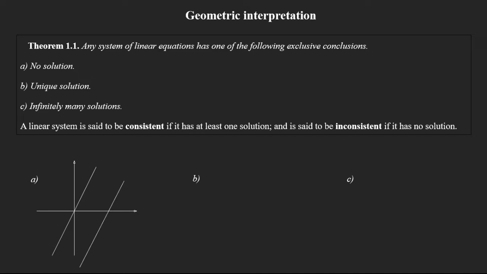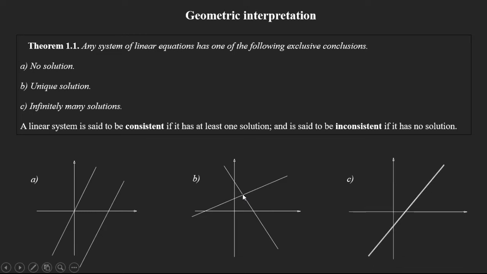If both lines intersect each other at one point, then the system has a unique solution, and the solution is that point where both lines cross each other, the point of intersection, which both equations satisfy. And if both lines coincide, then the system has infinitely many solutions, because both equations will be satisfied at each and every point.